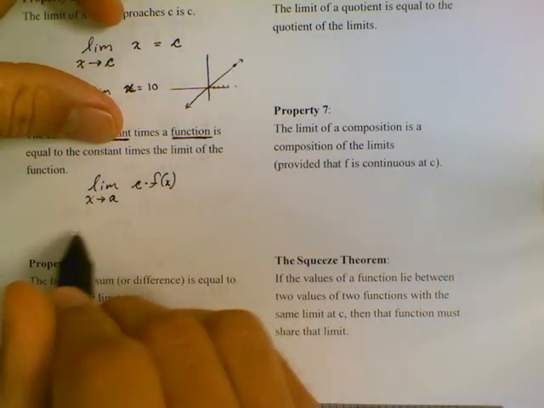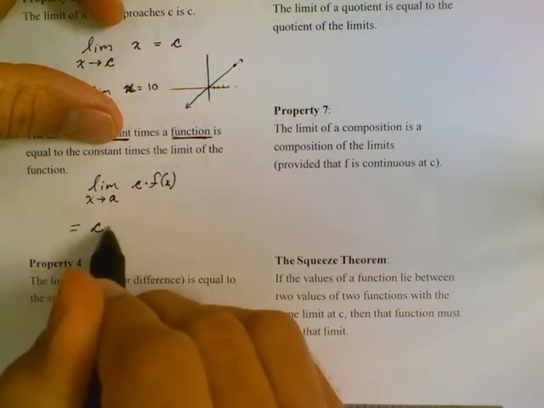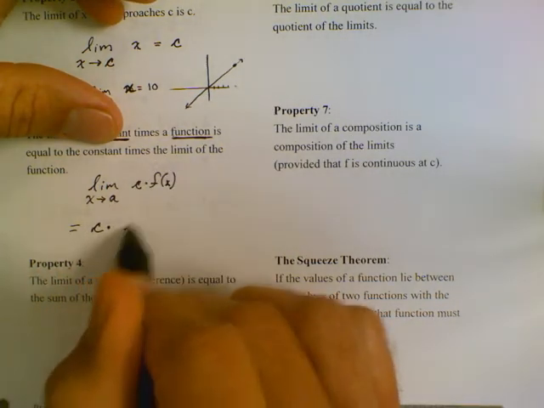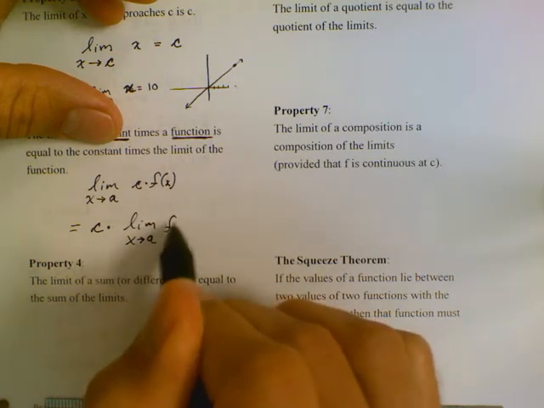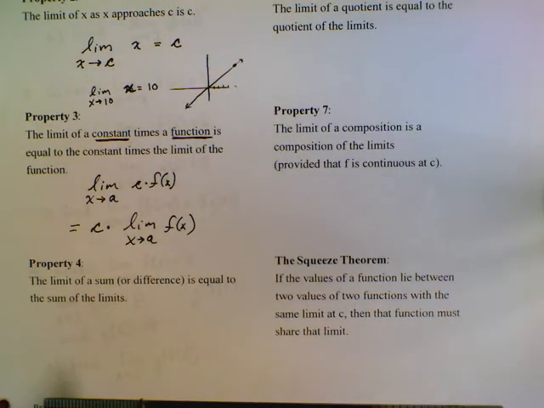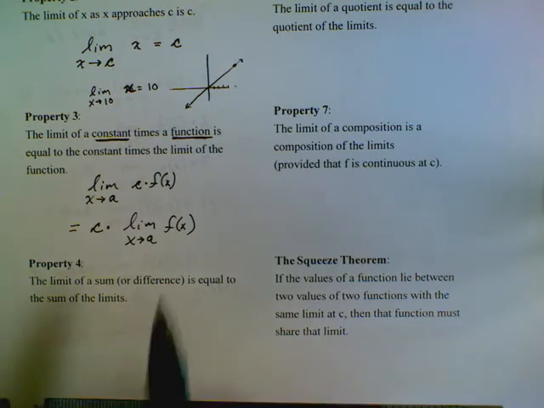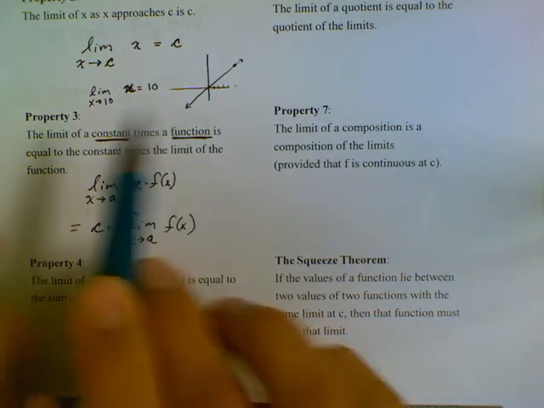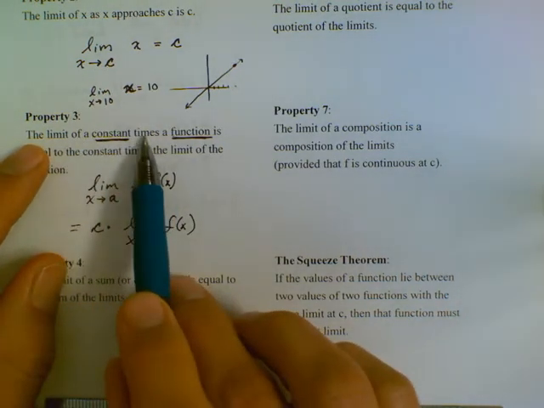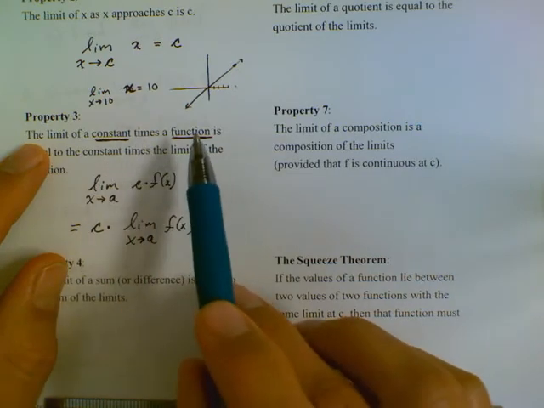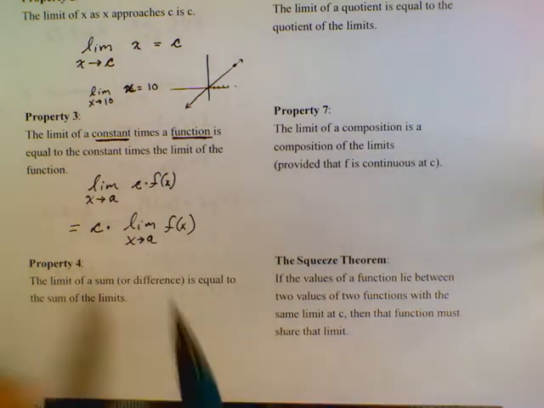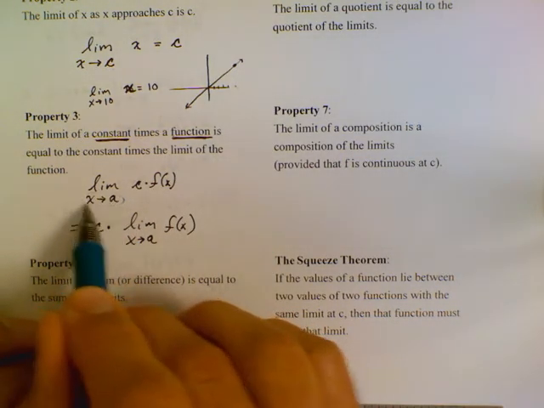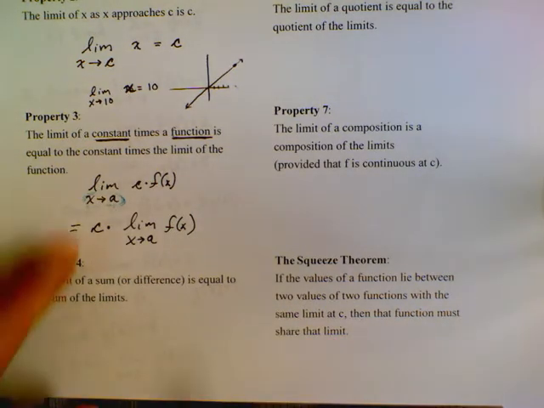All right, so I need to take the constant out, constant times the limit as x approaches a of the function. Okay. The hard part about turning this stuff into mathematical notation is that this doesn't say the limit of a constant times a function as x approaches a. So I just had to make this little part up right in here. That's kind of the hard part, understanding where that's coming from.